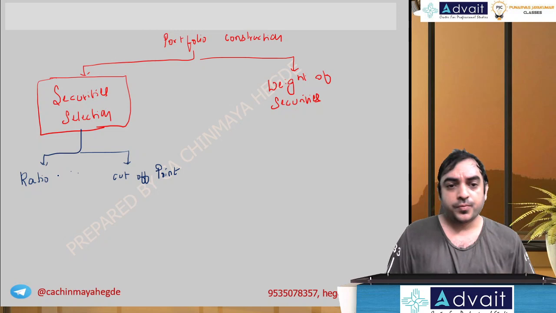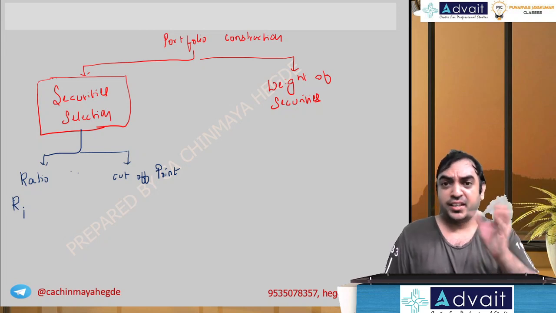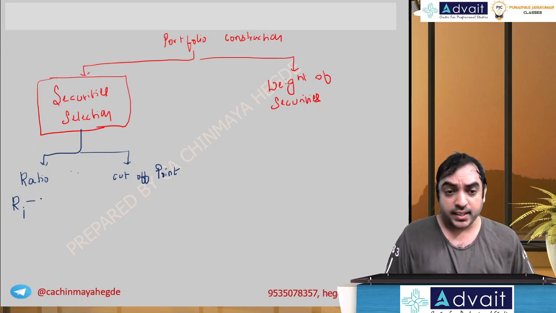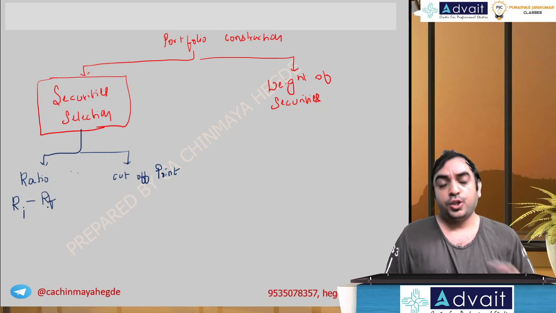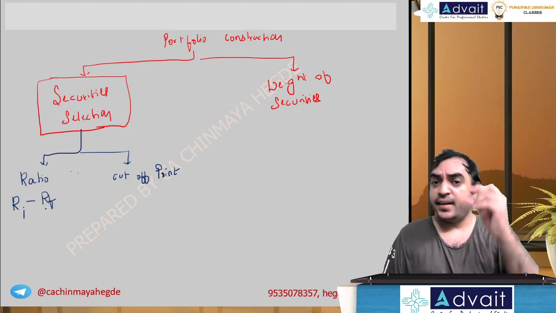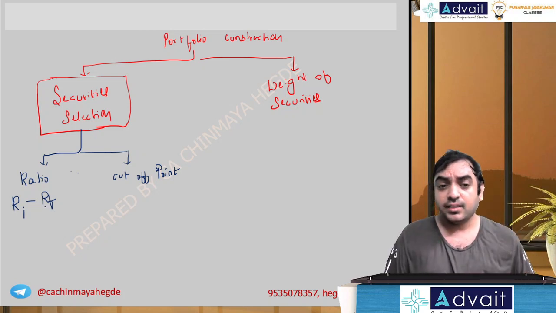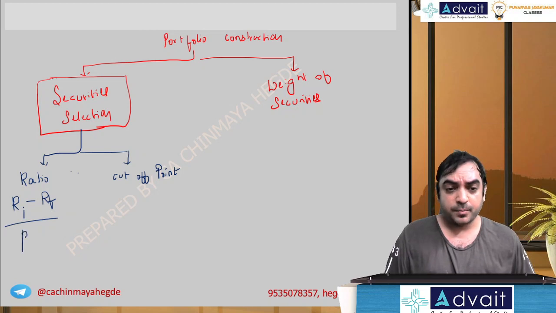What is the ratio? Ratio goes like this. Return of a portfolio, or some people use RI, return of a security, or RS, whichever you write. I is the general term, RI, return of a particular security, minus the risk-free rate. So what do you get now? Return of a security minus the risk-free rate, you get the premium, the extra return for taking risk, then you divide by beta.